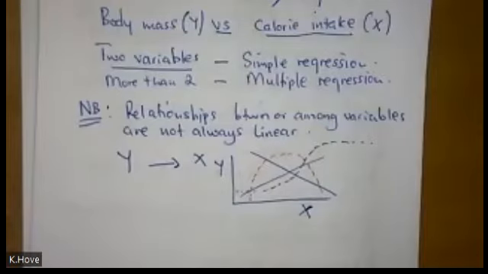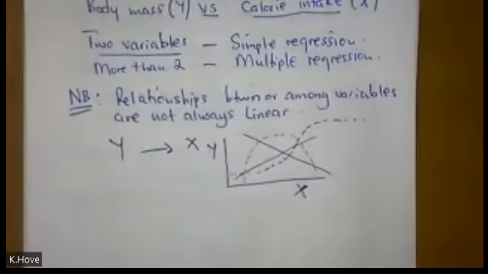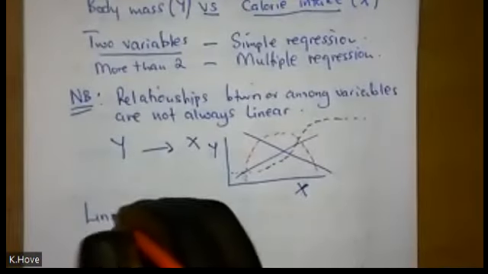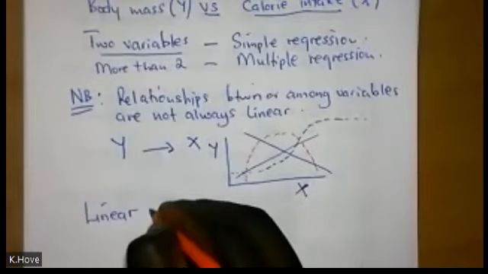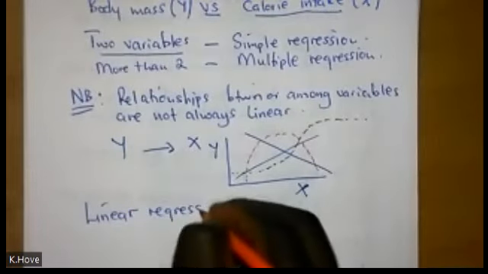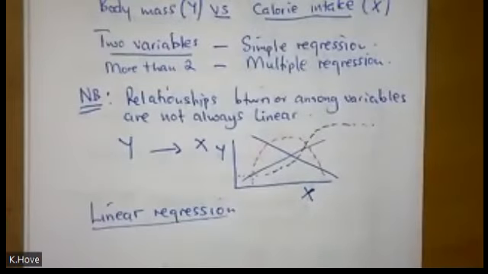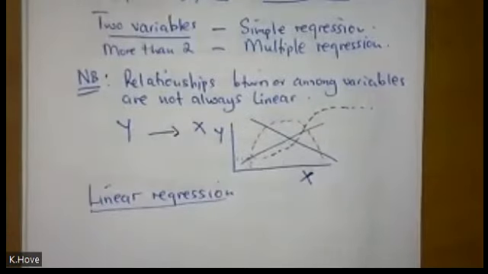So we may have a simple linear or a simple non-linear or multiple linear regression or multiple non-linear regression. And in our case now, we shall focus on linear regression where we have a straight line. The word linear comes from line. Straight line relationship between y and x.